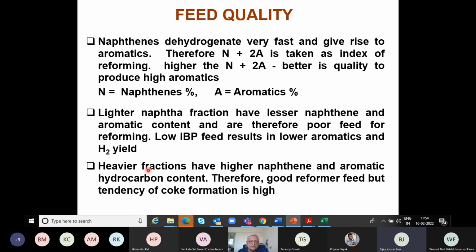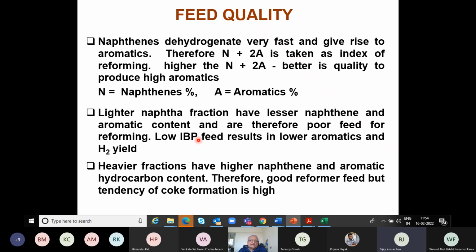While on the other hand, if your endpoint goes up, so we discussed the initial boiling point, it should be as high as possible. Generally, we keep it at roughly above 95. In Reliance, we keep it at 105, because here we are not making gasoline from the reformer. We are actually making paraxylene.